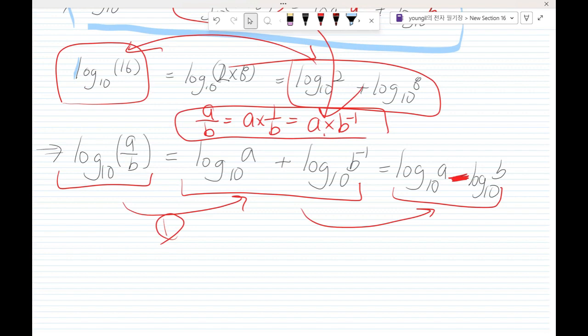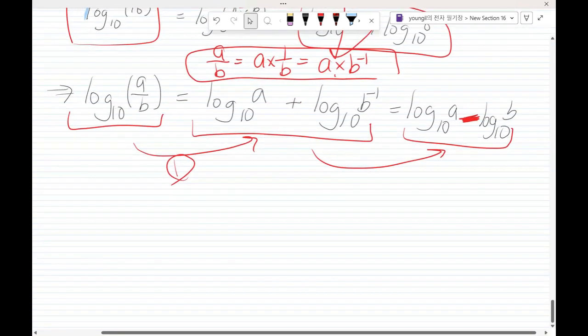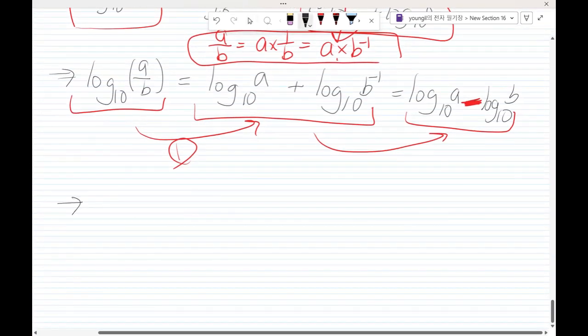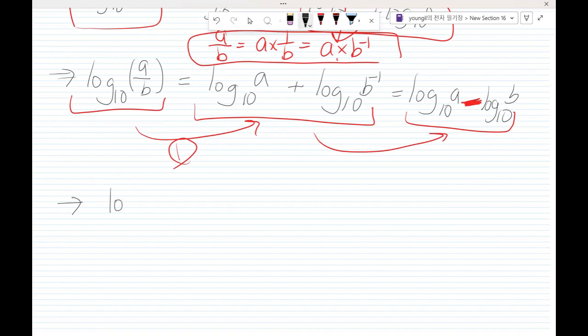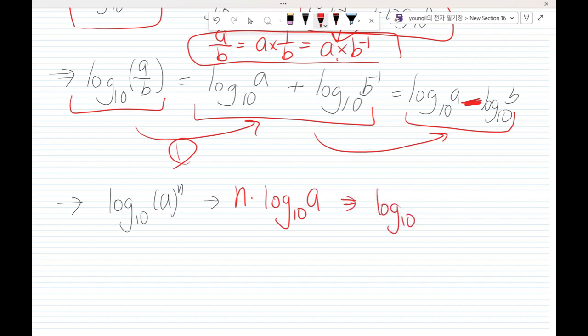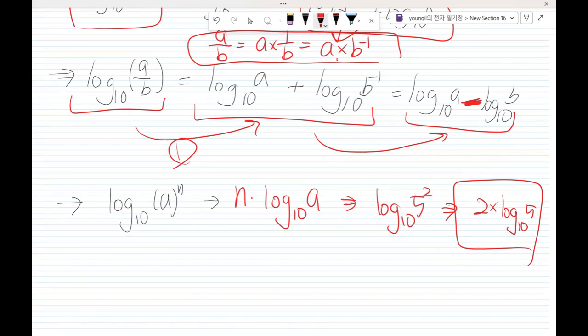And one more property: log base 10 of A to the N equals N times log base 10 of A. For example, log base 10 of 5 squared is 2 times log base 10 of 5.